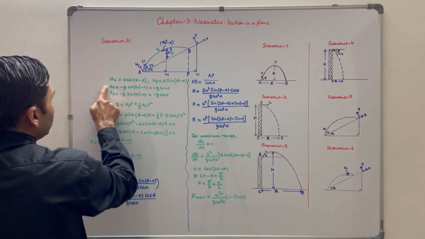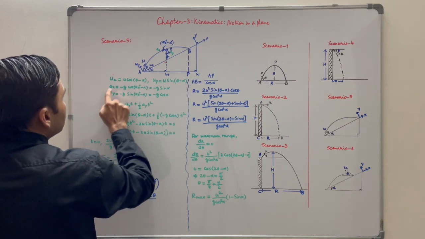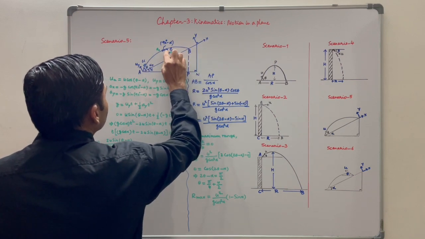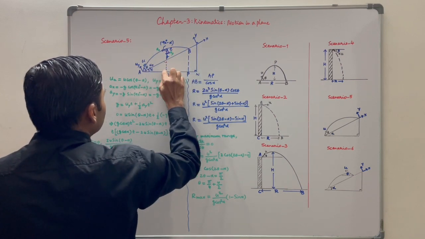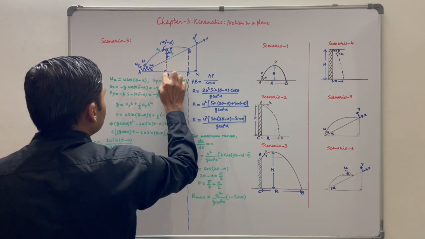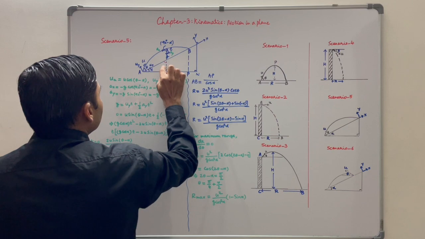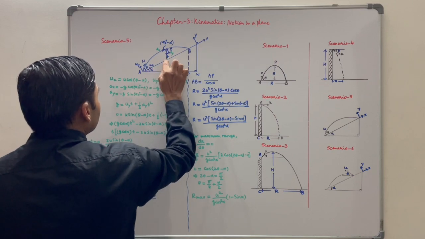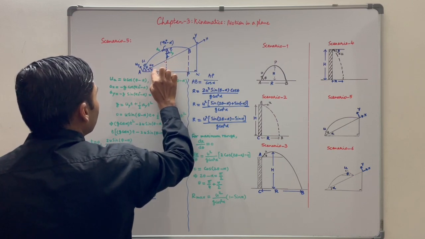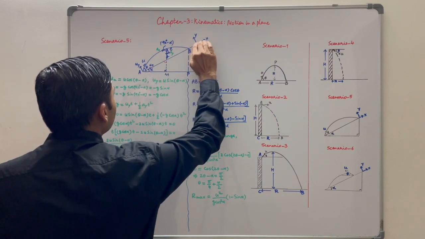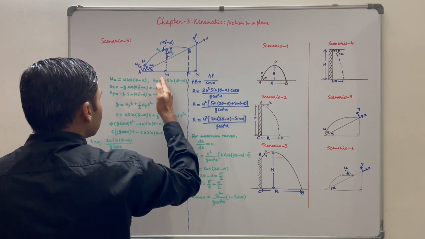Next we will calculate ax and ay. Consider a point C on this projectile path. g works vertically downwards. Extend this vector till it meets AN at point M. In this right angle triangle, this angle is equal to 90 minus alpha. AX is parallel to the plane and this is a transversal.